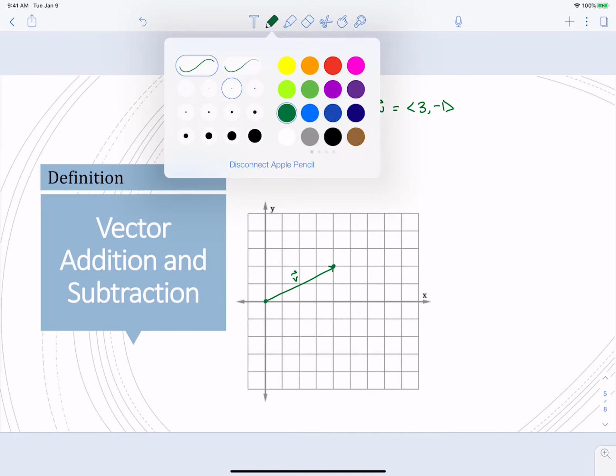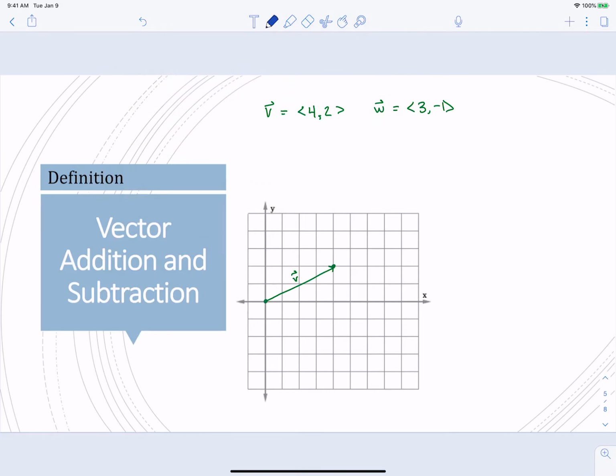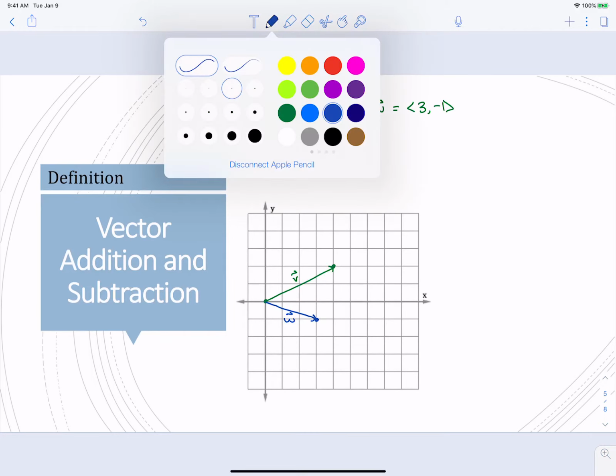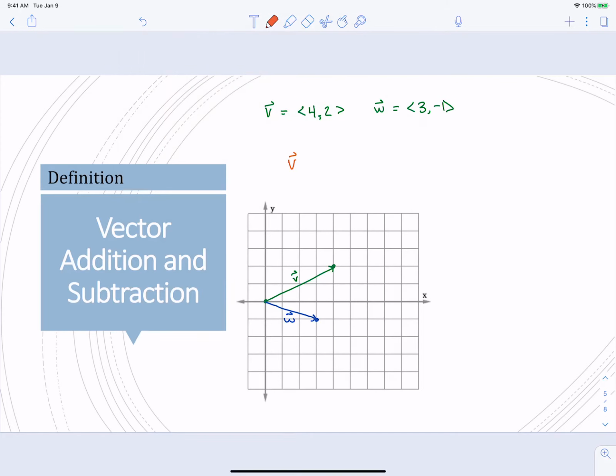Our other vector, which I should have drawn in a different color, but that's all right, there's w. It's going to end right here at 3, -1. If we wanted to find v plus w, this is as simple as adding our corresponding components.